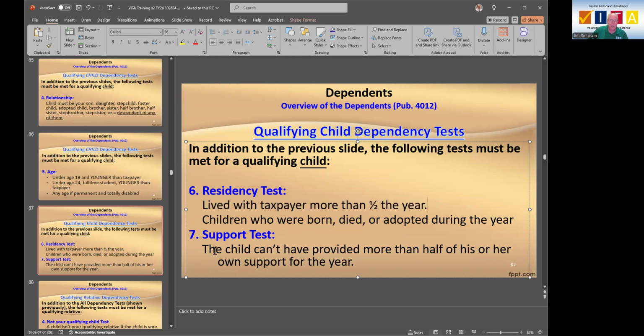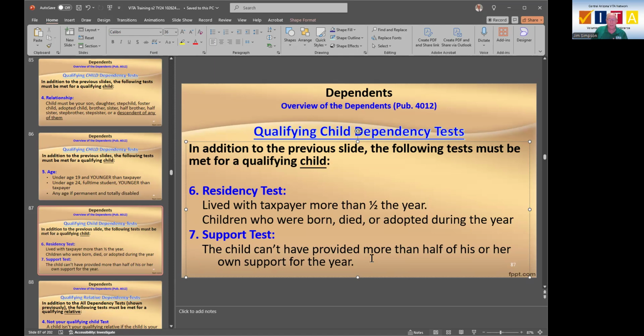Okay. Here's the support test. The child can't have provided more than half of his or her own support for the year. So the child I was just talking about, my daughter who goes up to NAU, if she's there working and providing her own support, and it's more than half of her own support, I can't claim her as a dependent.